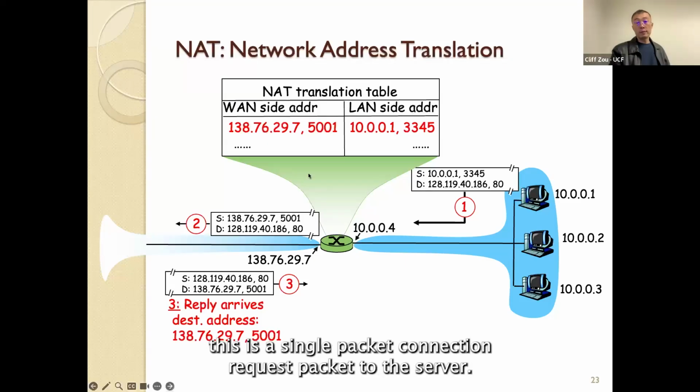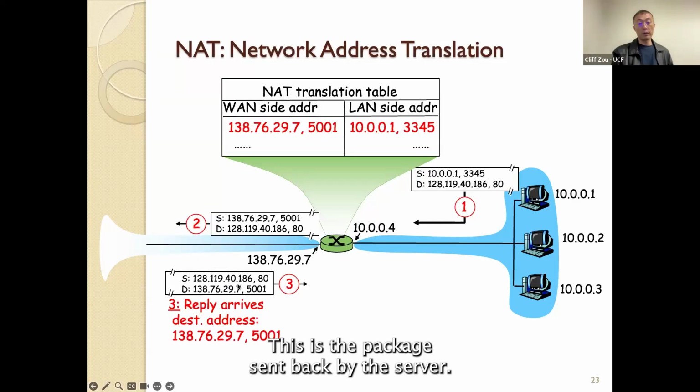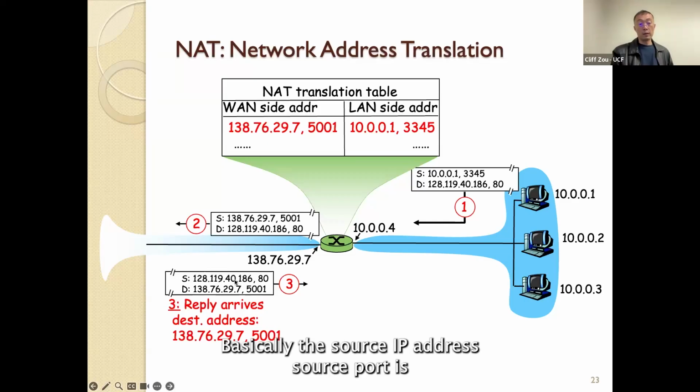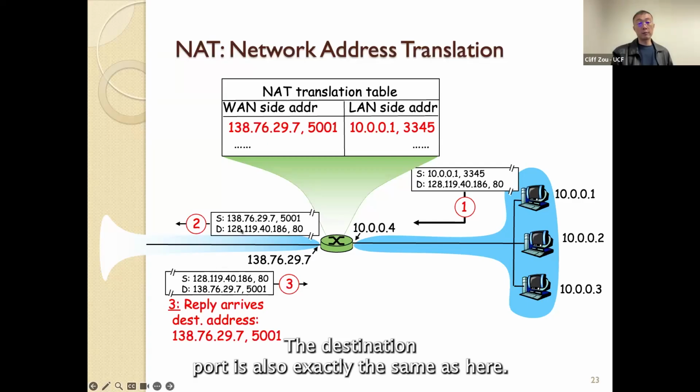suppose this is a SYN packet, this connection request packet to the server. The server sends back a SYN packet. This is the packet sent back by the server. Basically, the source IP address and source port are the same as here. The destination IP address and destination port are also exactly the same as here.